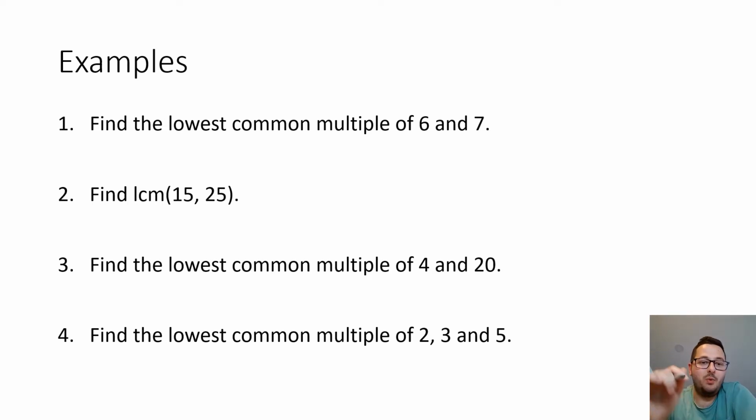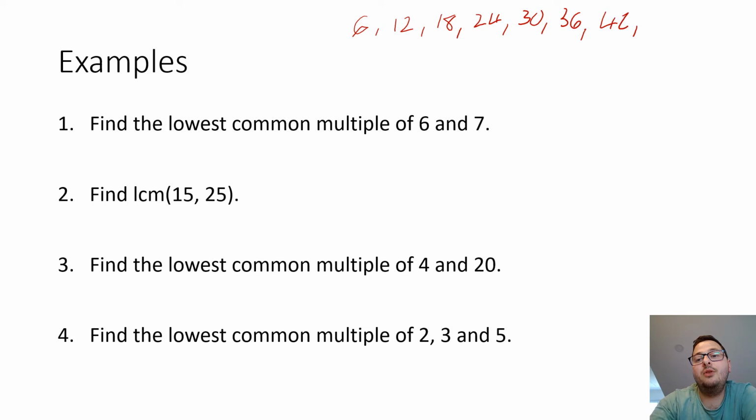So question one, we want to find the lowest common multiple of 6 and 7. Okay, so like we said before, we're just going to write out the times table. So let's just do 6 first. So 6, 12, 18, 24, 30, 36, 42, 48, 54, and let's hope that's enough.